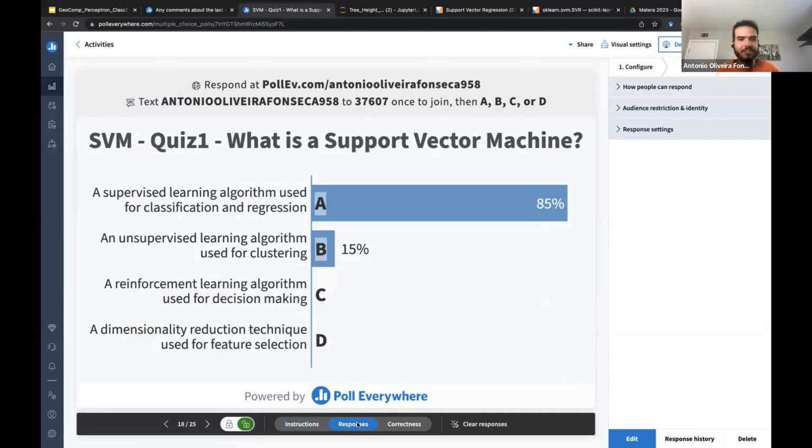Okay, let's see the answers. So what's a support vector machine? A supervised learning algorithm used for classification and regression. Most people believe that's the case, and a small number believe it's an unsupervised learning algorithm used for clustering, right? So the correct answer is A, okay? And I believe most of you understood the correct approach here.